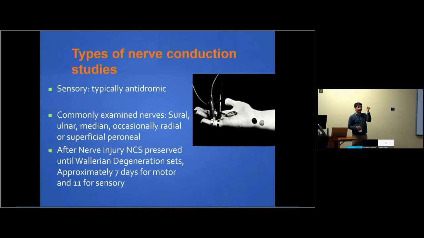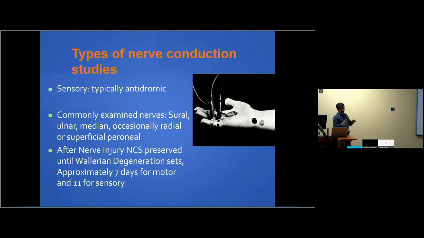So if you have a radiculopathy, it's a preganglionic process, the sensory nerve conduction studies are normal because the cell is sitting in the dorsal root ganglion and there is no damage to it. But whenever we have loss of sensory nerve action potentials, then we're dealing with either a plexopathy, a mononeuropathy, or otherwise we should have it preserved.